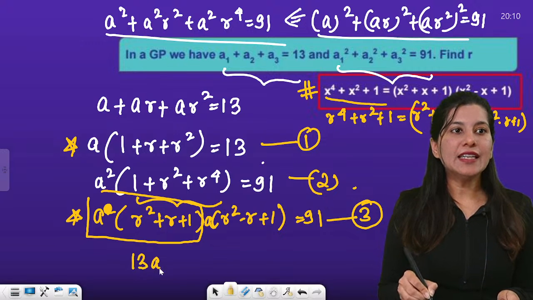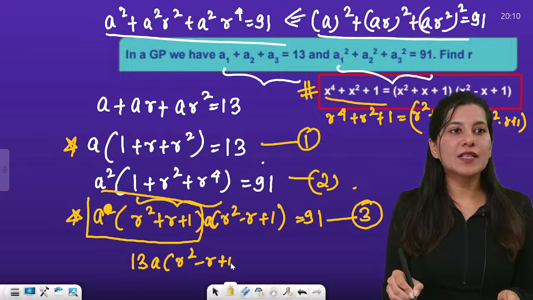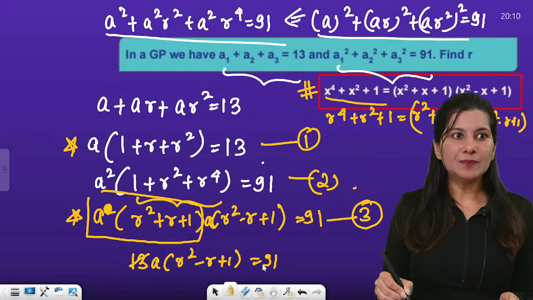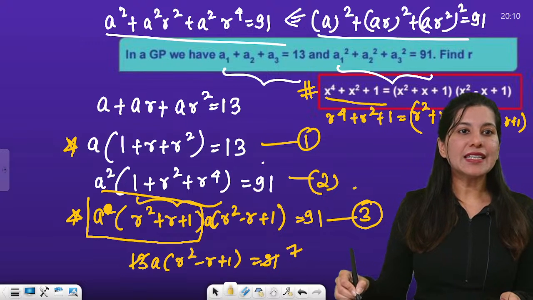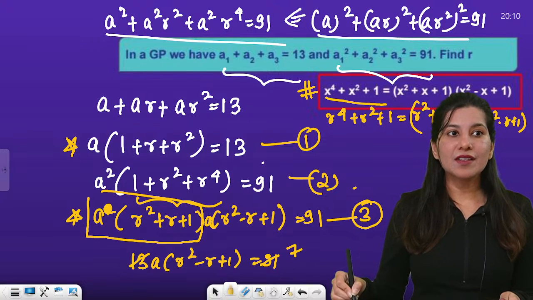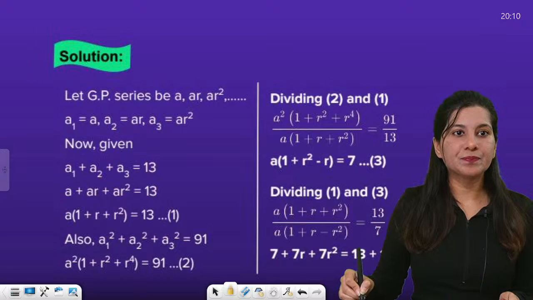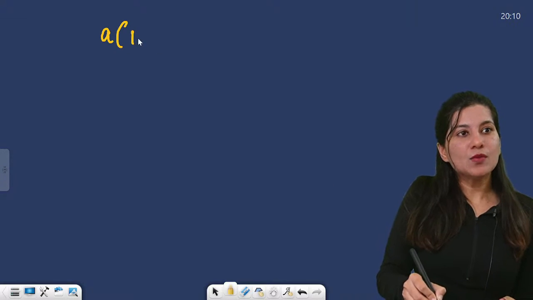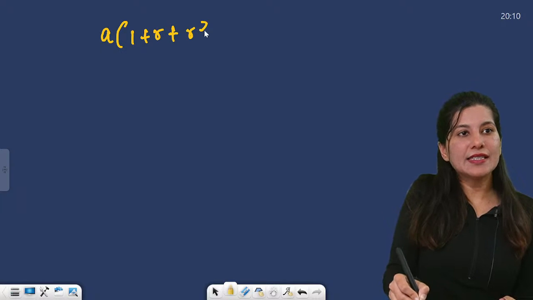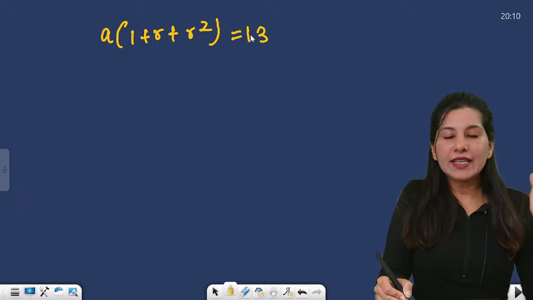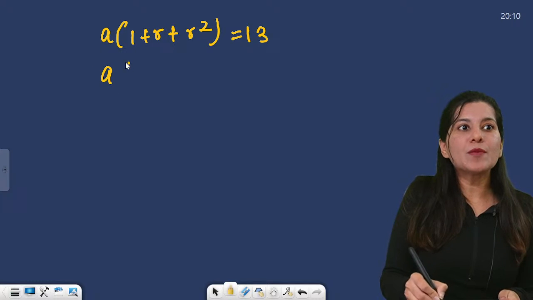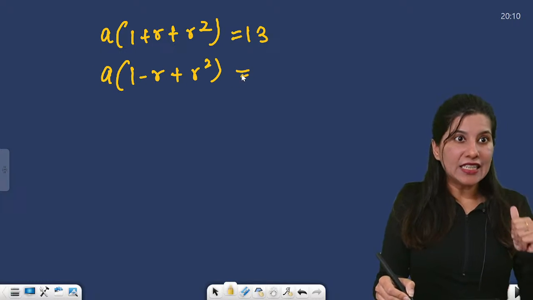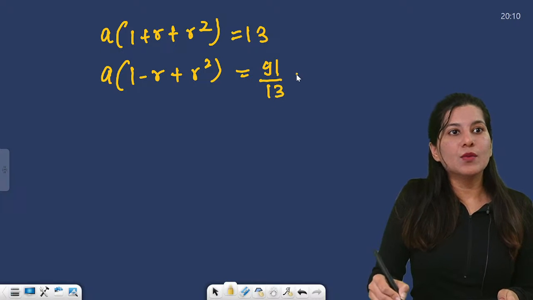So 13A times R square minus R plus 1 is equal to 91. 13 times 7 is 91. So I am getting another equation. Now I am left with A times 1 plus R square is equal to 13, which I already have. The new equation gives 1 minus R plus R square is 91 by 13, which is 7.